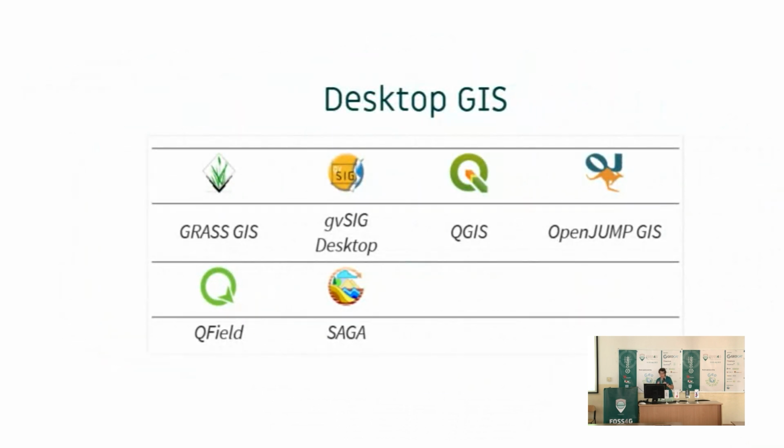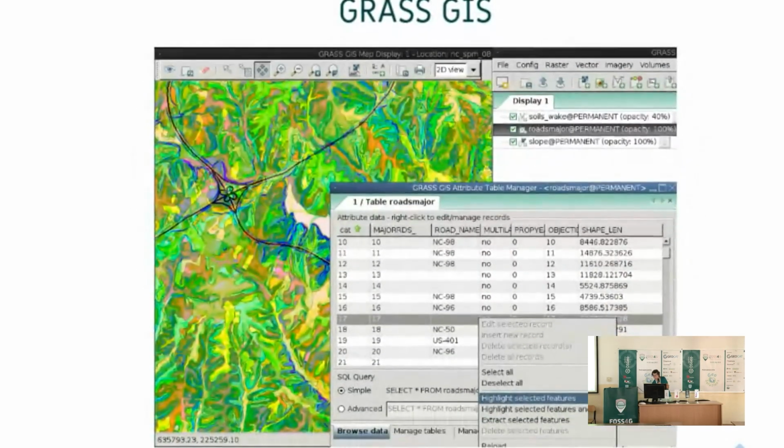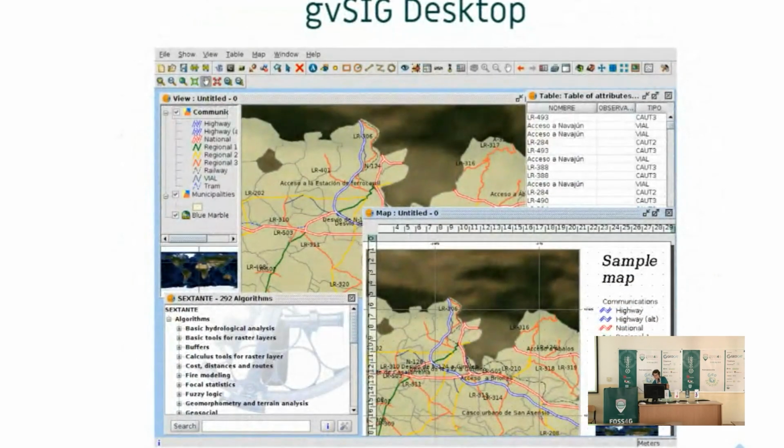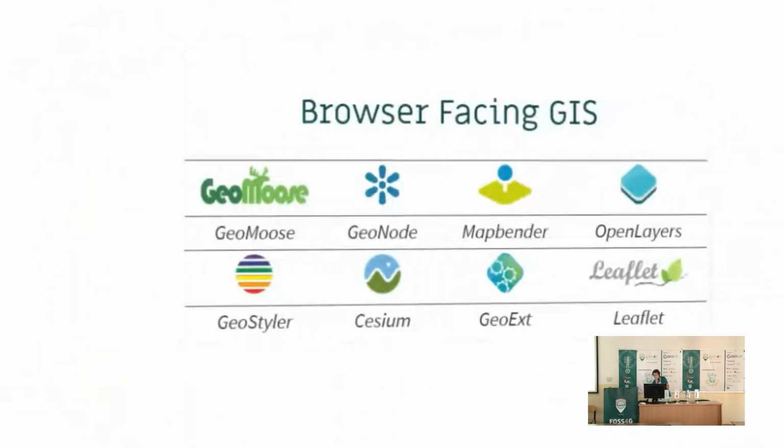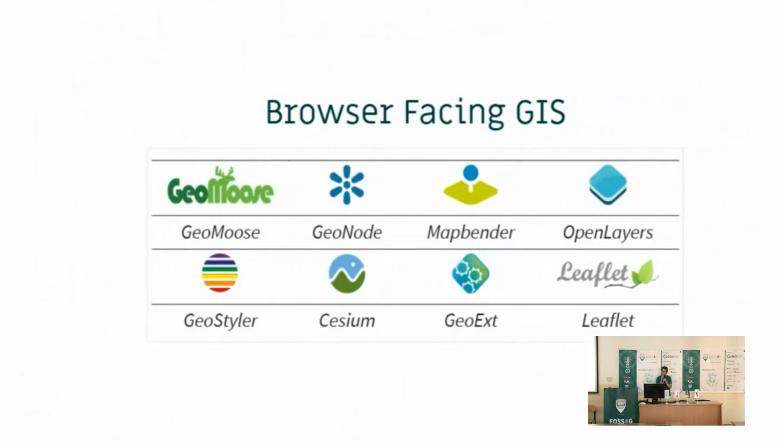And now I give you a quick overview on the projects that we have included. If you visit the presentation, you could go through all these projects and have an idea how they look like. But I don't want to do this. It's lack of time. But you saw we have these desktop GIS applications. We have browser-facing GIS applications.